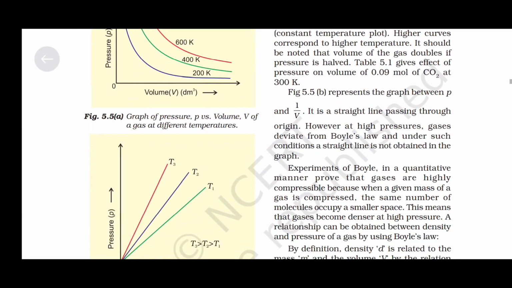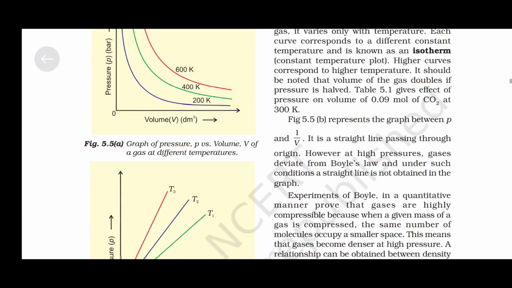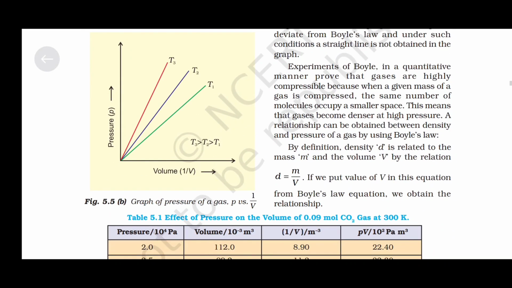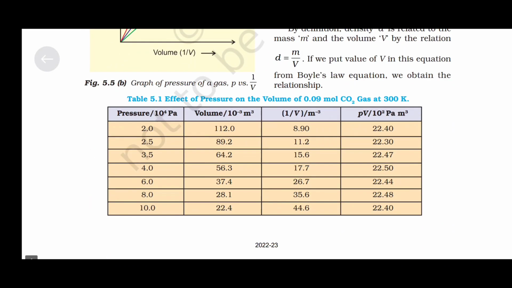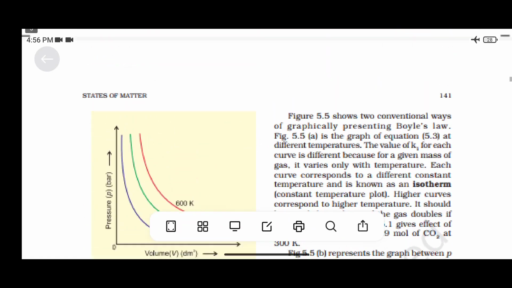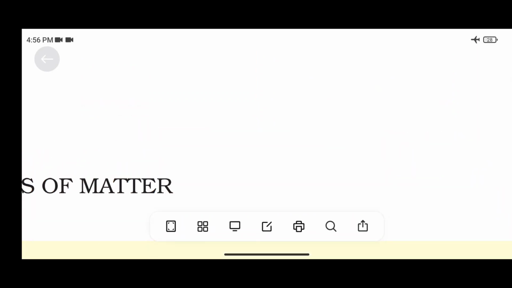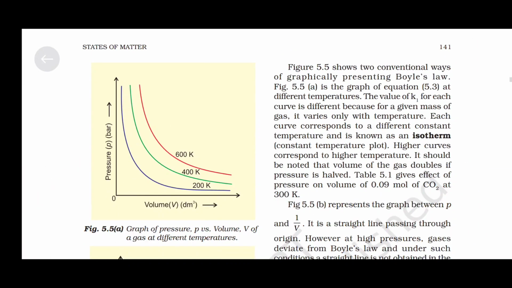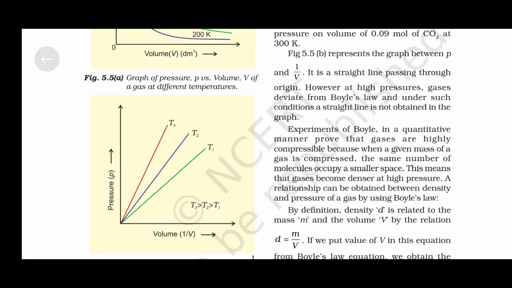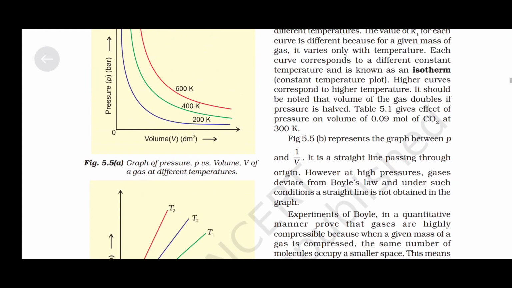So here you can go through the graphs because these graphs are very important from an exam point of view. So the graph of pressure versus volume, and here you can also see where temperature is shown, where T3 is greater than T2 and T1. So that is important. Okay.